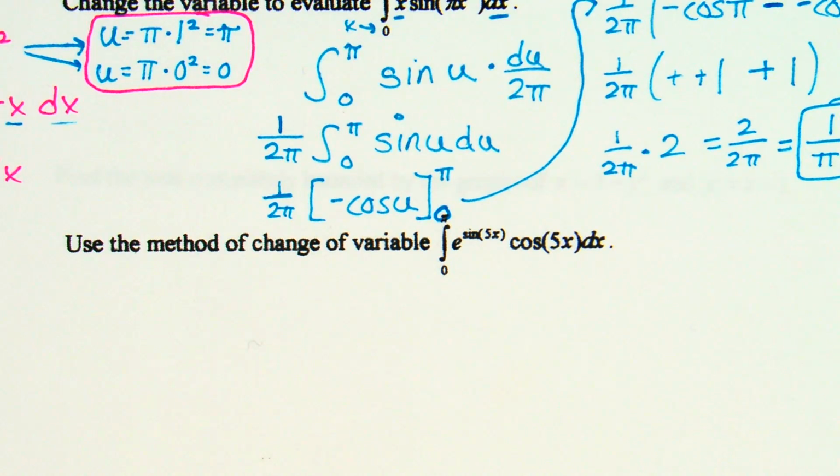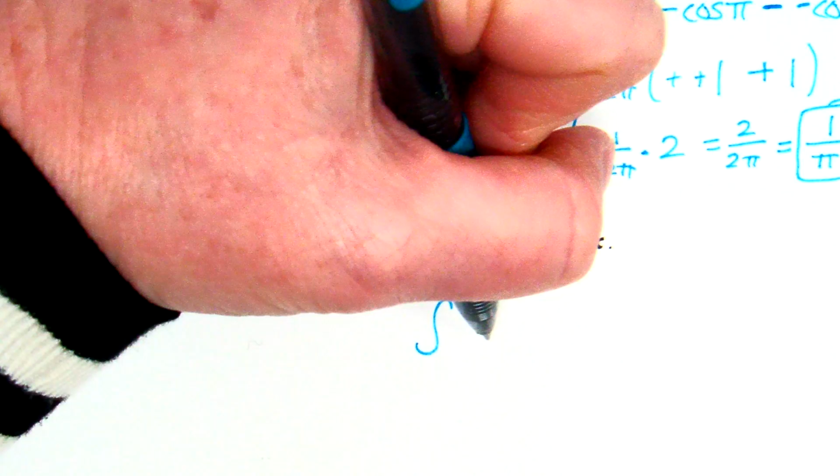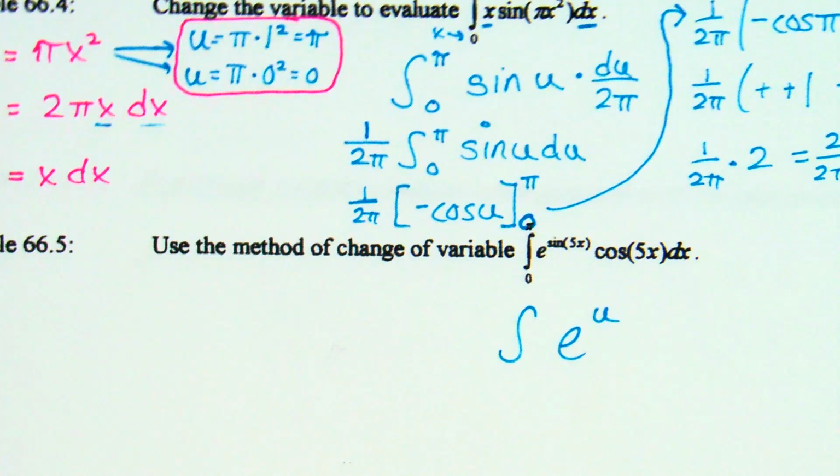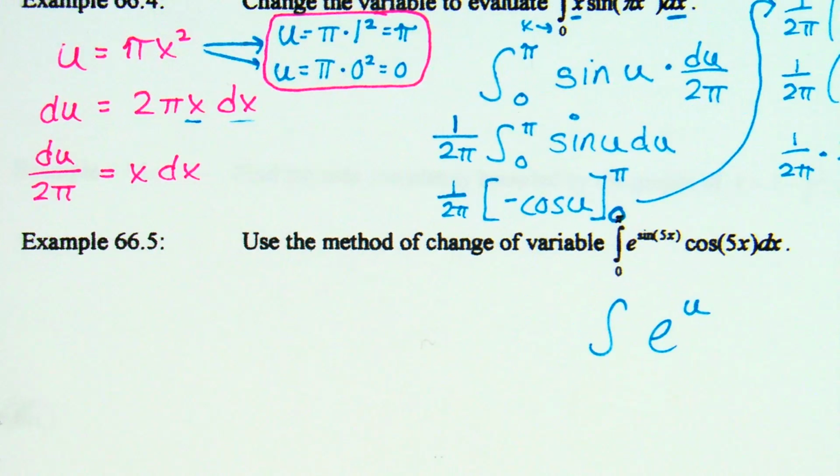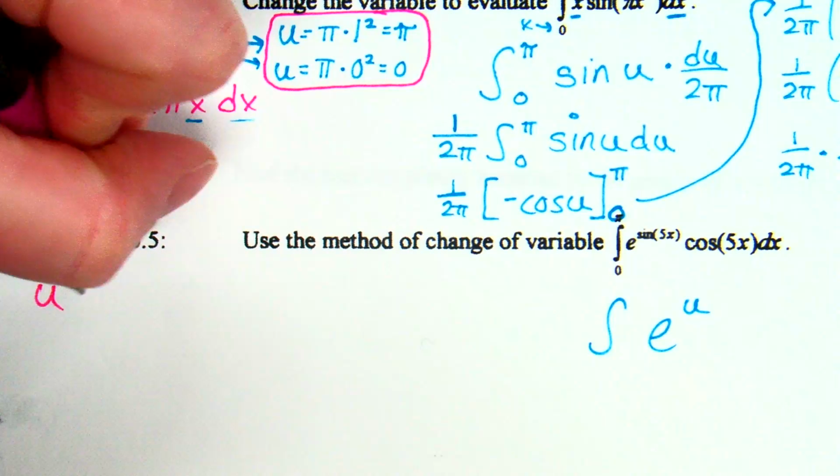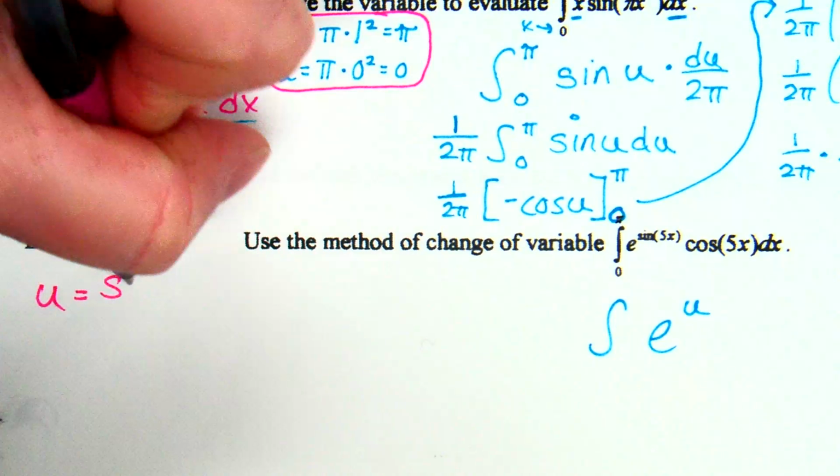E to some power. So if we're integrating e to some power, we want to say e to the u, which means u is that power. So u is sine 5x.